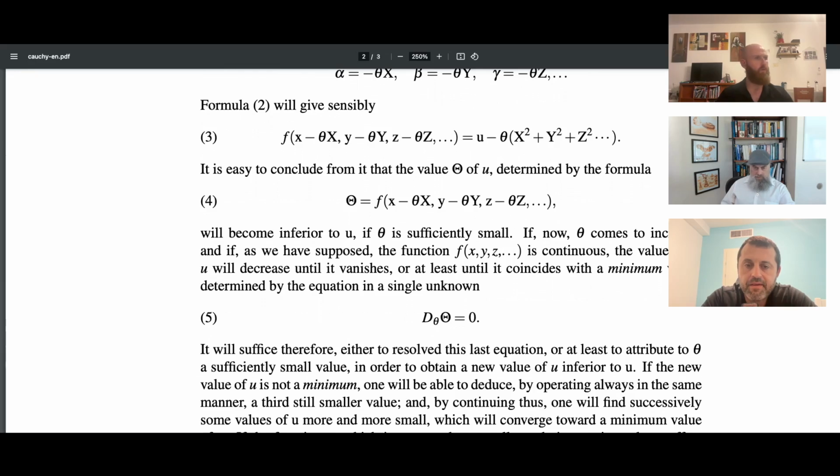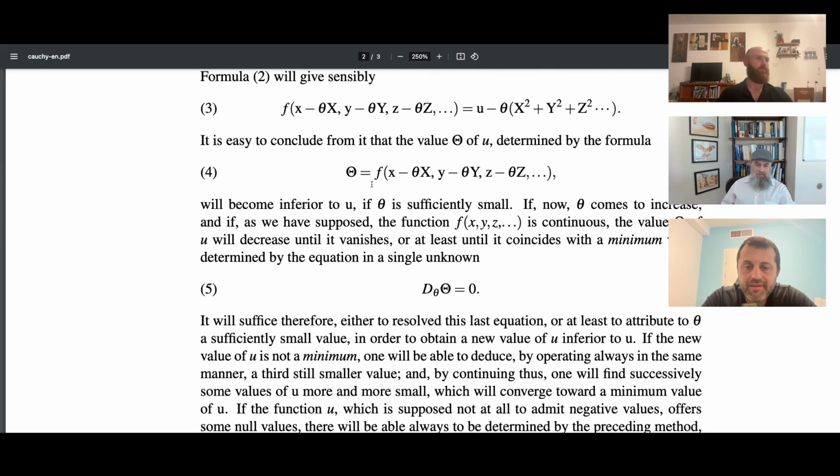And now it's easy to conclude from it that the value of capital theta of theta, of u, is determined by the formula: a function of this small step on each dimension.